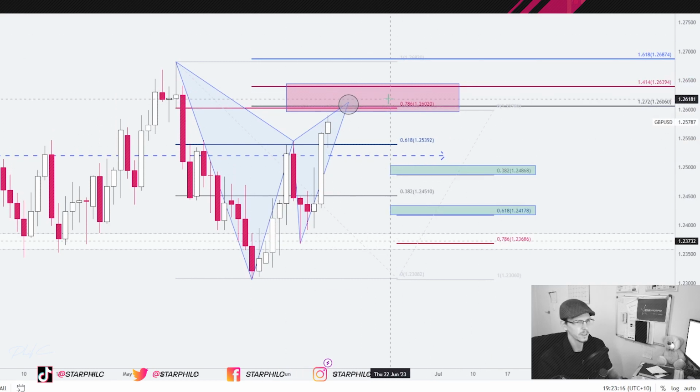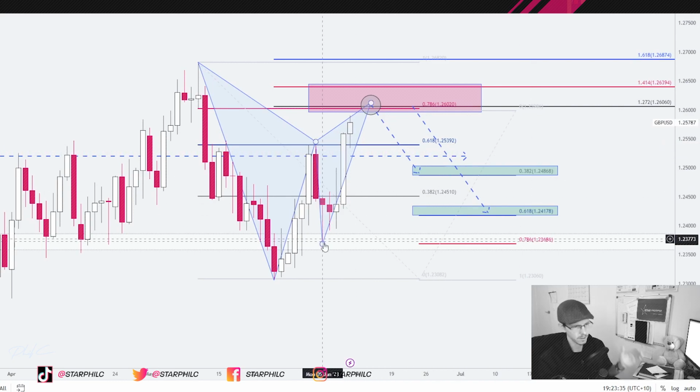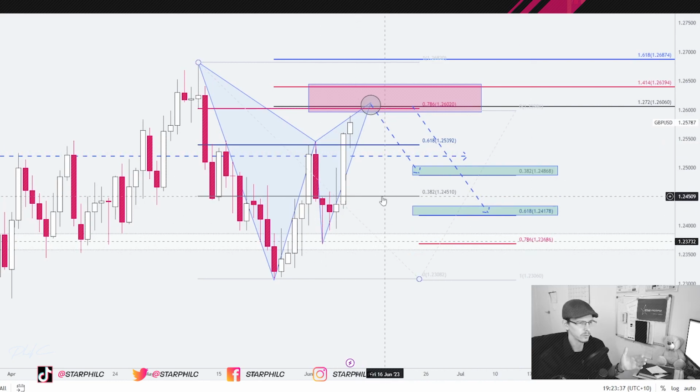So entry point would be in this box at the 127 Fibonacci extension. And then I'm looking for a move into the 382 and potentially a move into the 618. So that's the second trade opportunity that I see on the pound dollar. But again, really good trade, about 250 pips off that if you want to check out the last video.